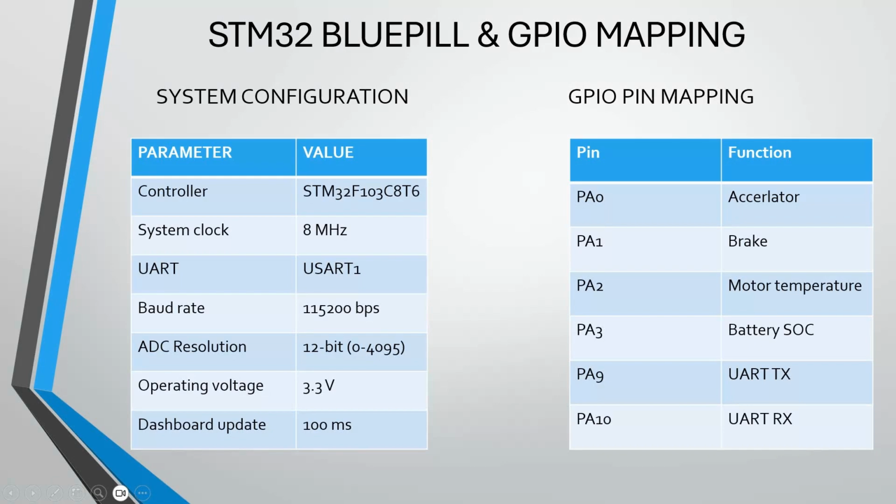The pin configuration: PA0 accelerator pedal, PA1 brake pedal, PA2 motor system, PA3 battery SOC, PA9 UART transmission, PA10 UART reception. This is all I have learned and explored in the software.